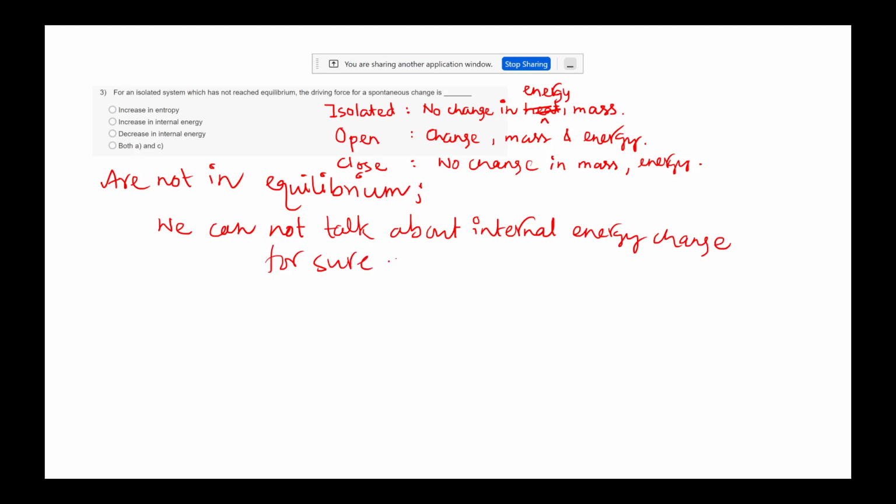Why is that? Because the system has not settled into the environment. So the internal energy is changing and fluctuating very rapidly, so we cannot talk about that.